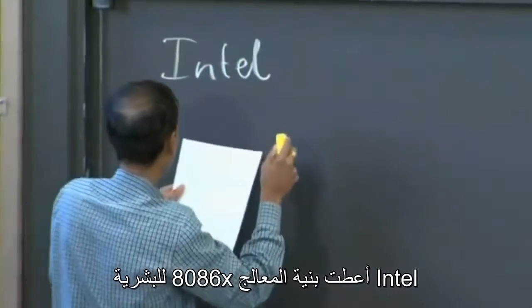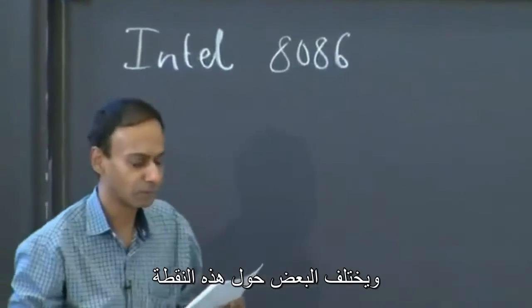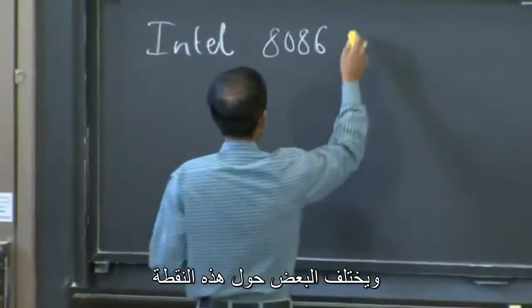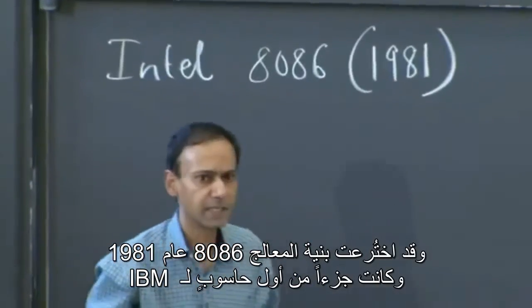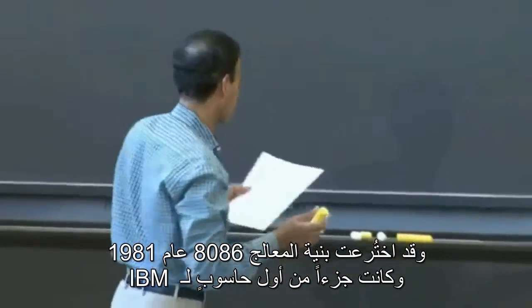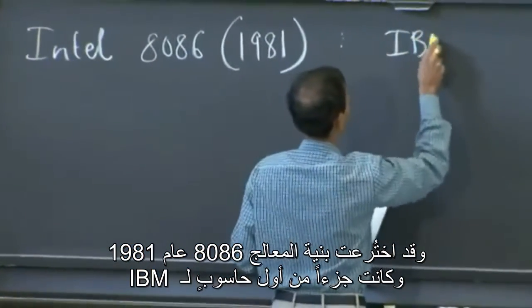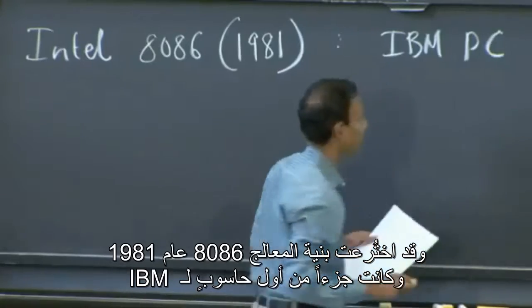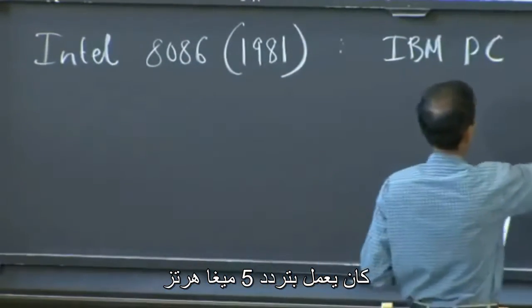Intel's gift to humankind is the x86 architecture, though some people would argue that point. The x86 architecture was invented in 1981 and provided the horsepower for the first PC, the IBM PC, and it ran at 5 megahertz.